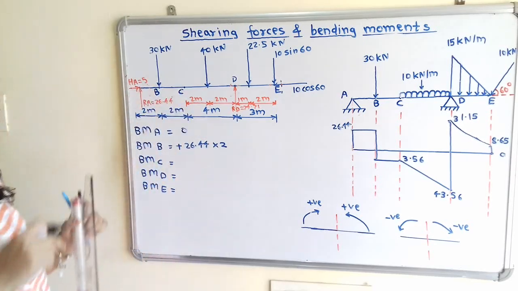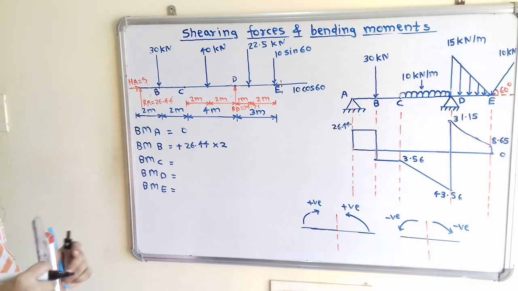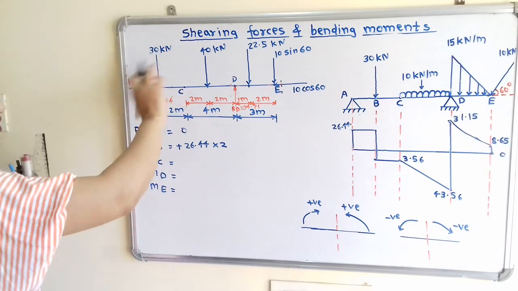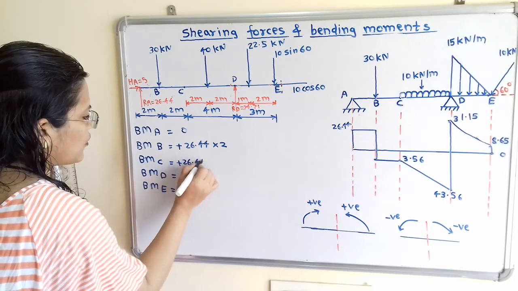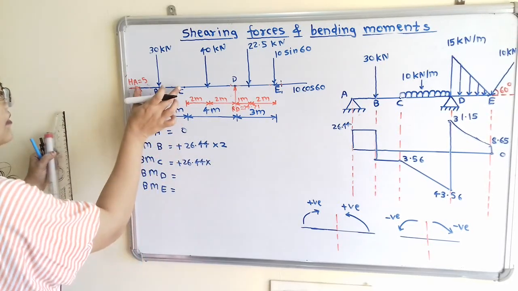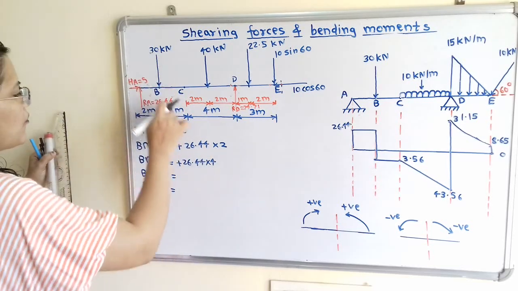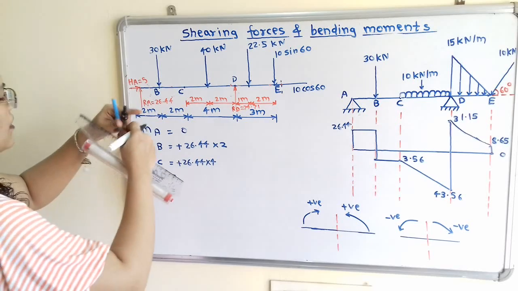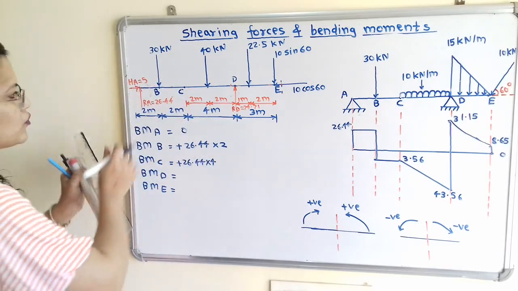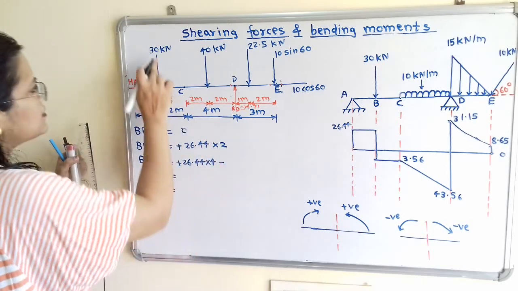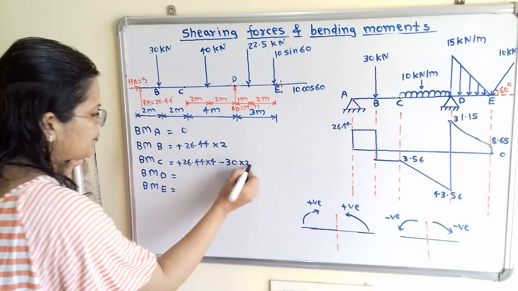Now bending moment at point C. Now if we observe on left hand side, there are two forces. So one force is in clockwise direction, so it is plus 26.44 multiplied by distance in between AC, that is 4. Then this force, if I move the compass about C, then it is in anti-clockwise direction, so we have to use negative sign. So minus 30 multiplied by this distance is 2.